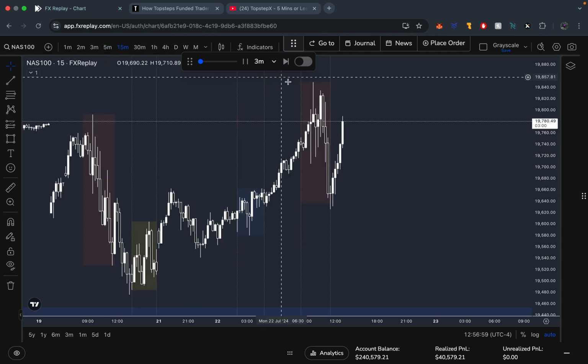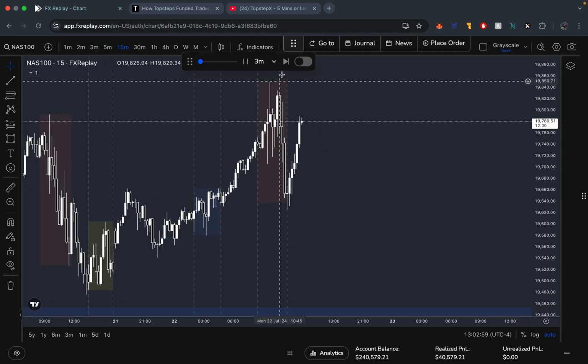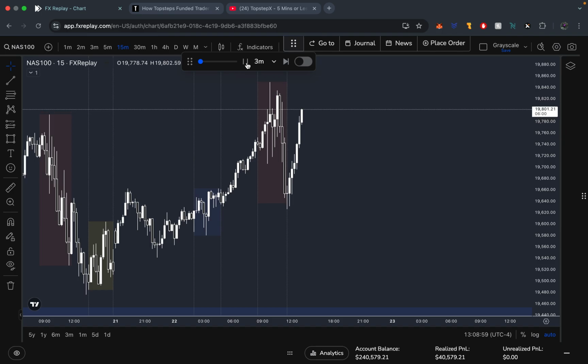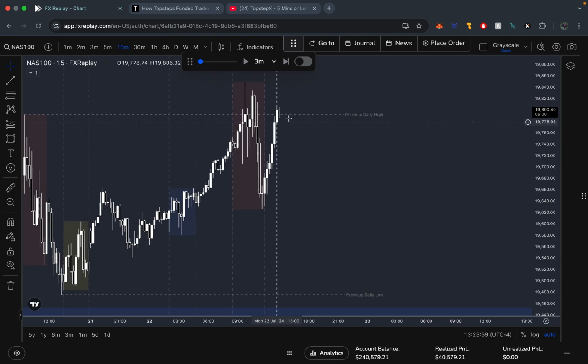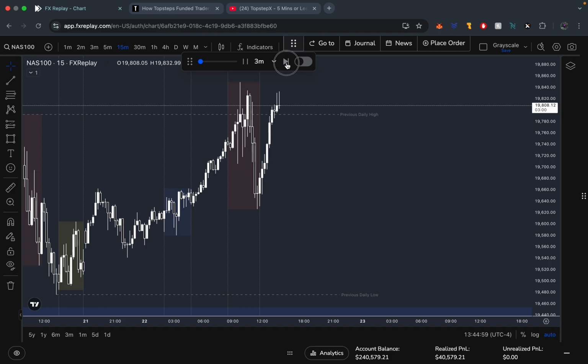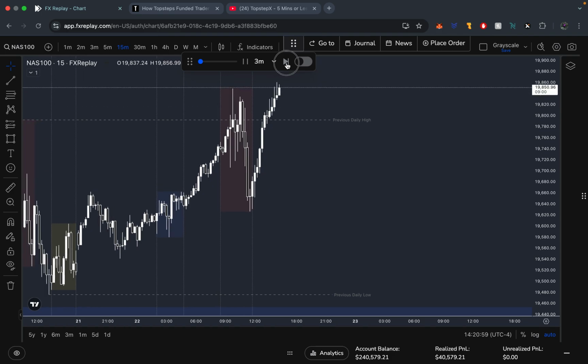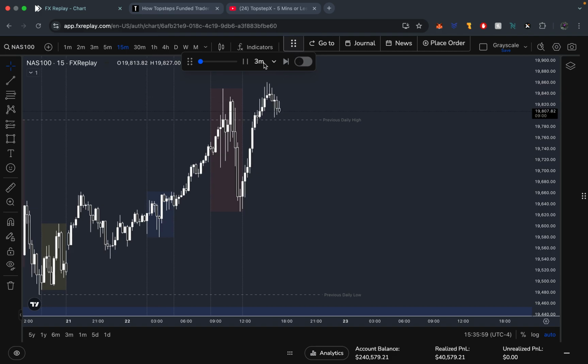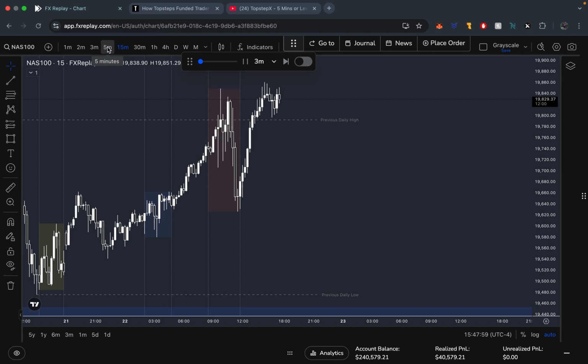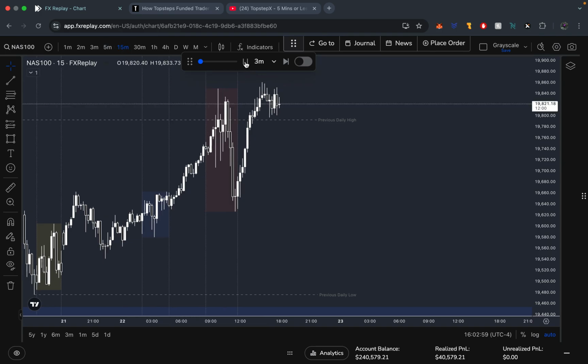Let price do its thing. Reference previous daily highs here. You know, so this is what I mean. It's a lot of waiting for this to happen. But when it does happen, it's usually higher probability that you'll get a trade all the way down to the opposing liquidity.